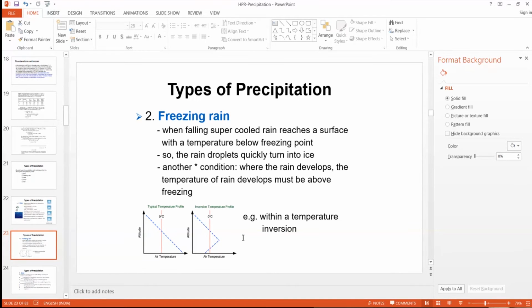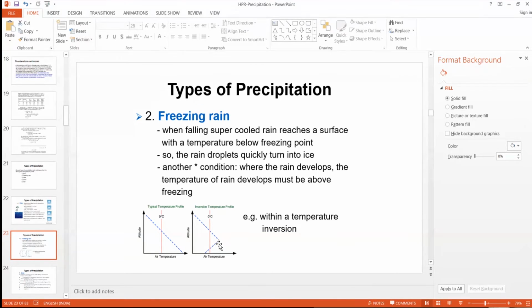At that altitude the temperature is very cold, it is freezing. Therefore, when water condenses, snow flakes or ice crystals are formed, and as they fall toward the earth's surface, they become liquid droplets.